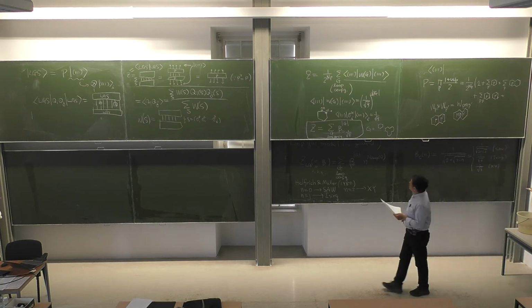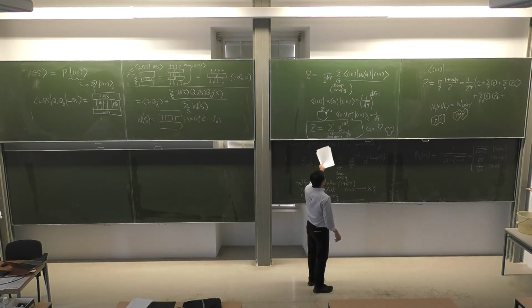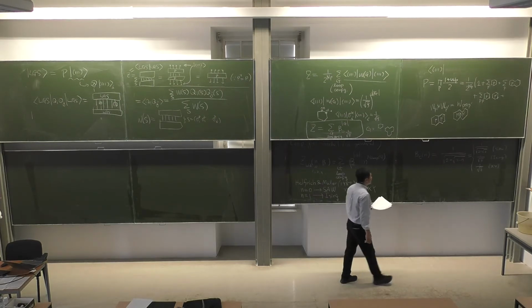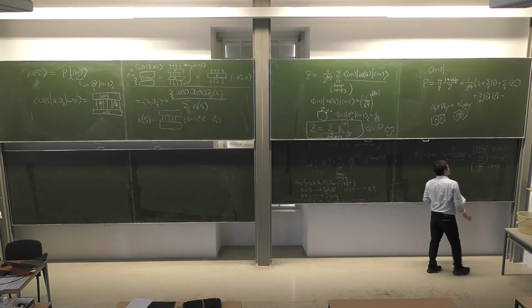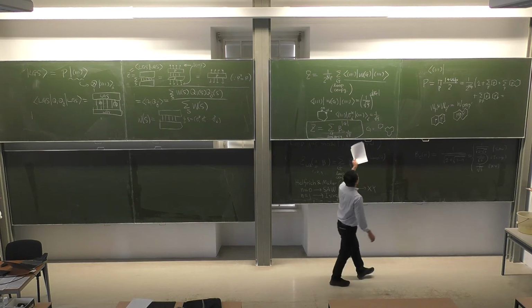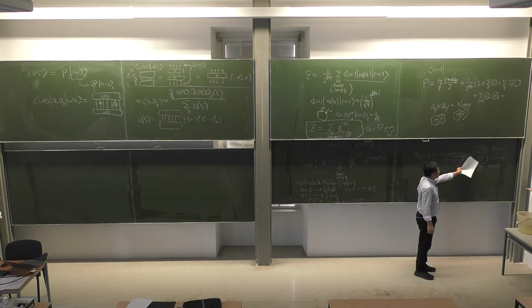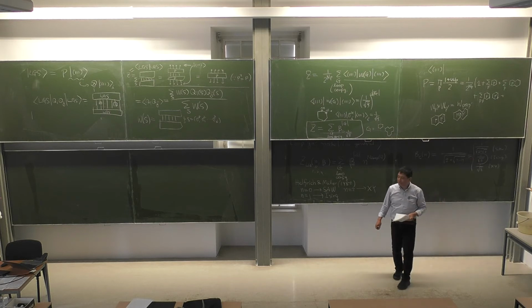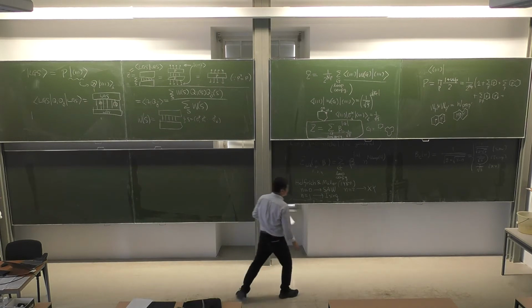So actually, although at the beginning we didn't realize that our state is critical, it turns out to be exactly critical because this value happens to be the same as the critical value of the loop gas model.